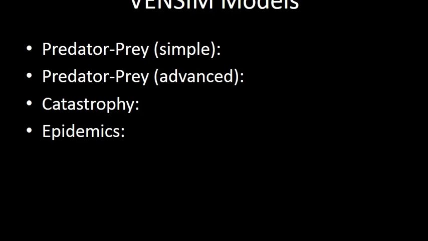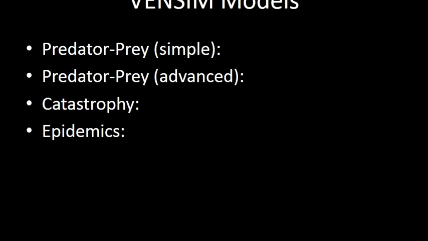Well, we're going to move on to the next part of the lecture, which is to look at the Vensim models. We're going to be looking at four Vensim models, and each of these models has its link, so you can actually look at the video. I'm going to be stitching all of this together in a single video lecture, but you can look at the individual videos for each of these cases on YouTube, and also, if you want to view them offline, the videos will also be on Dropbox.